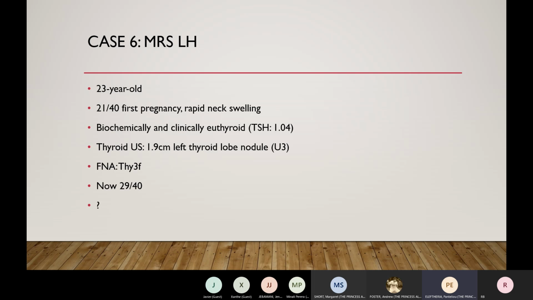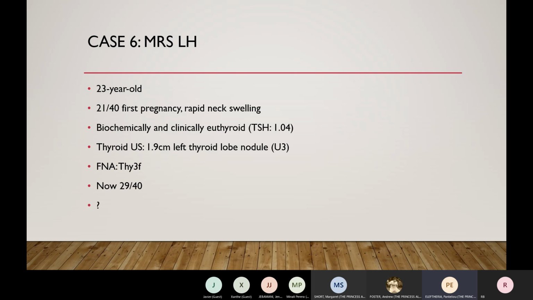And on ultrasound, that would be your first line for any palpable nodules, showed an almost 2 centimeter nodule that was classified as a U3. And I will explain that to you in a minute about the classification, but a U3 means that it's intermediate, indeterminate in terms of malignancy.